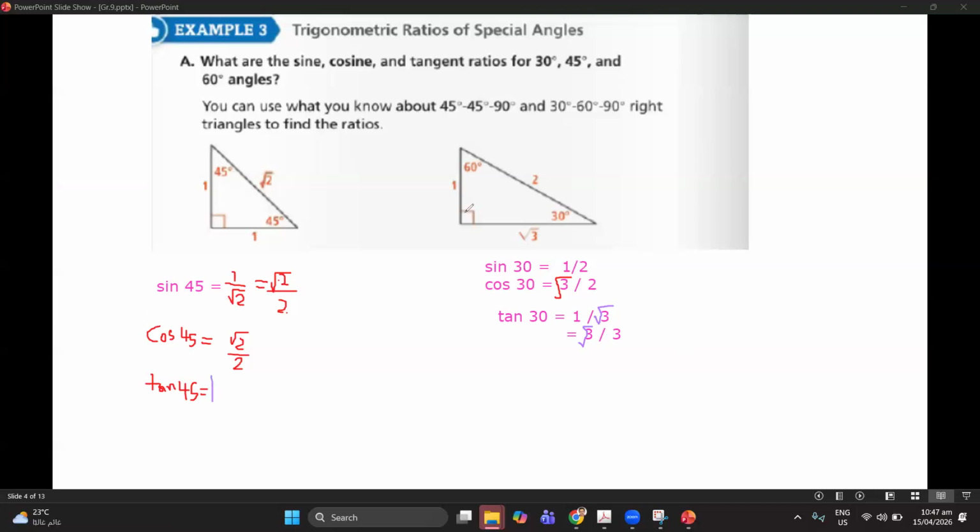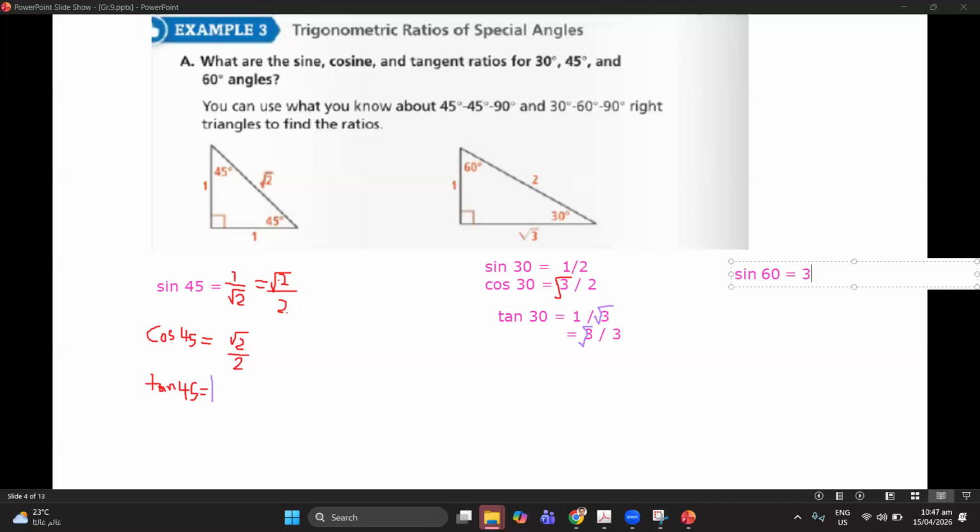Now the last one, the 60. Sine of 60 is equal to cosine of 30, the same as cosine of 30. But let's prove that from the triangle. Sine of 60 is opposite over hypotenuse.